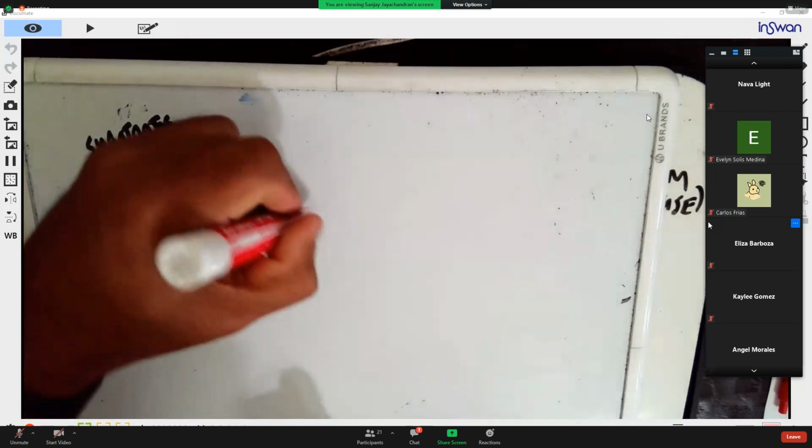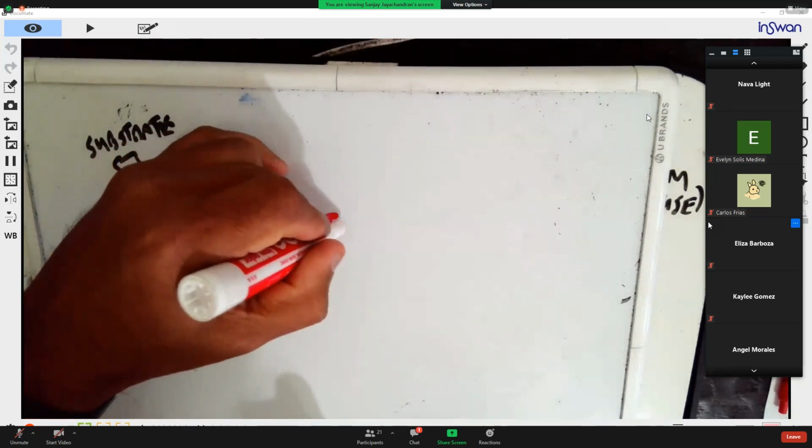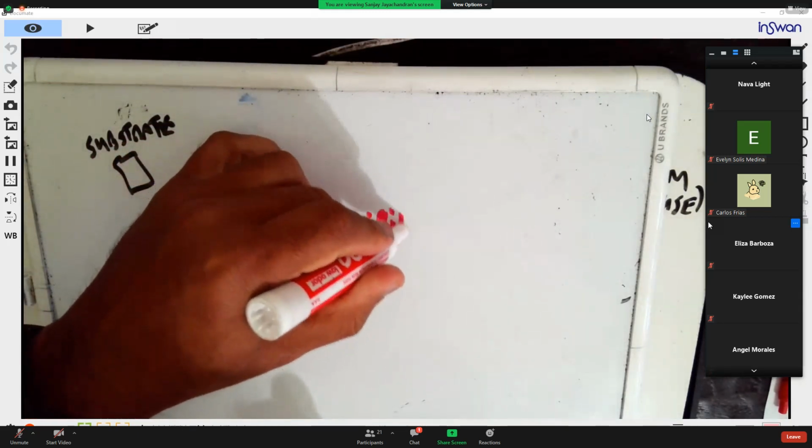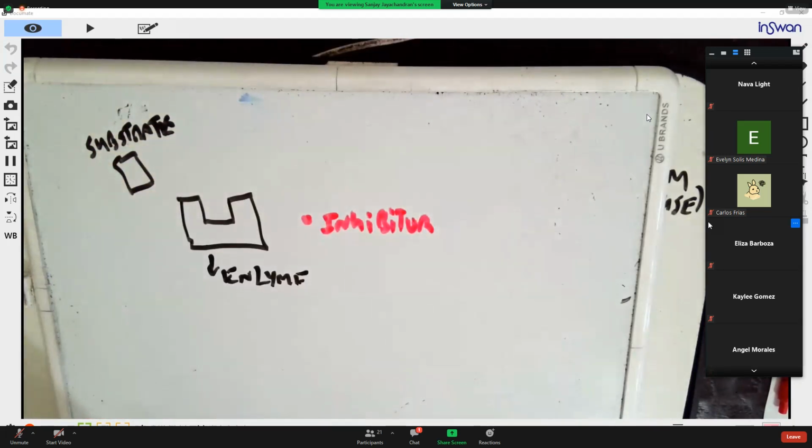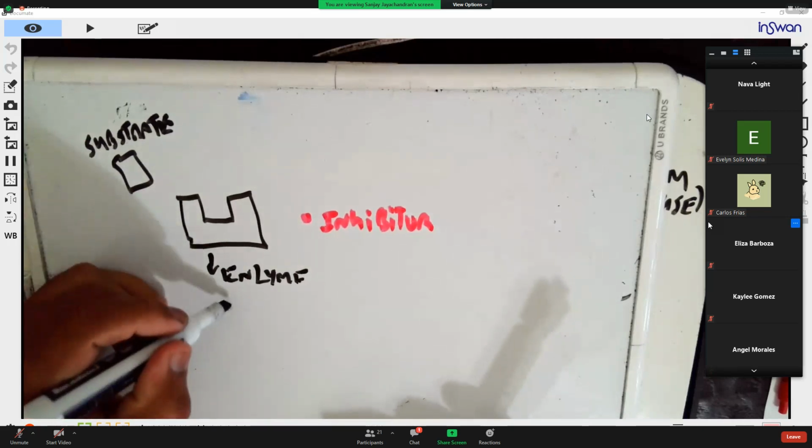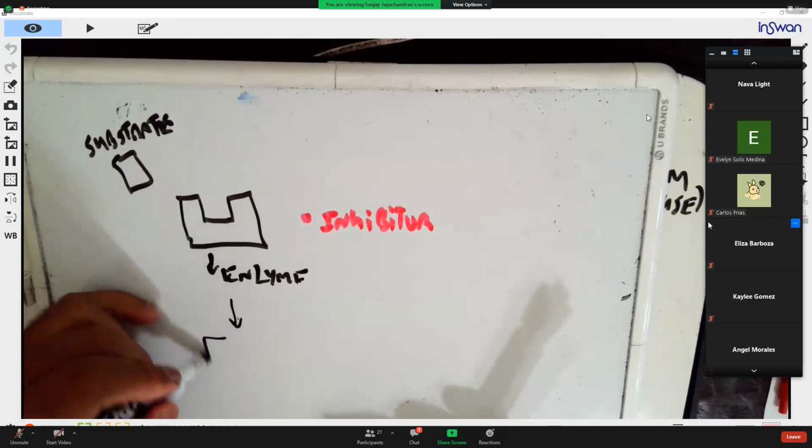So let's say that's my inhibitor. My blocker. And let's say now you have to think of the enzyme in 3D. So let's say this is the enzyme. This is the inhibitor. So the inhibitor is going to hook up. Okay? So when that happens, this is what's going to happen.